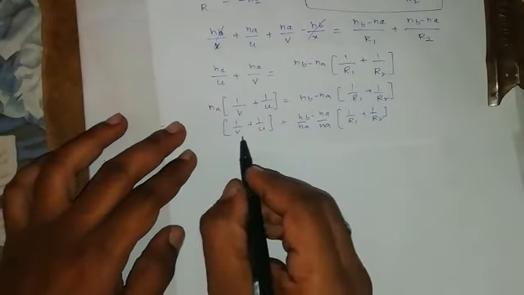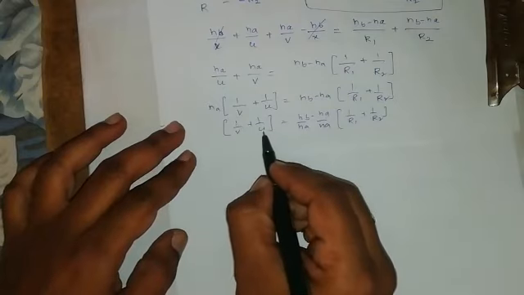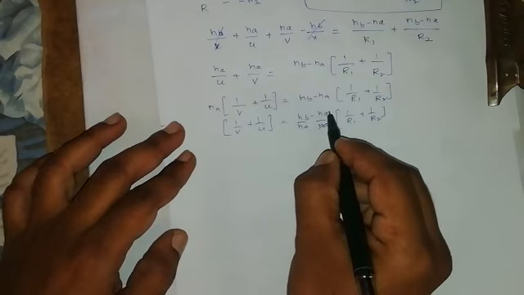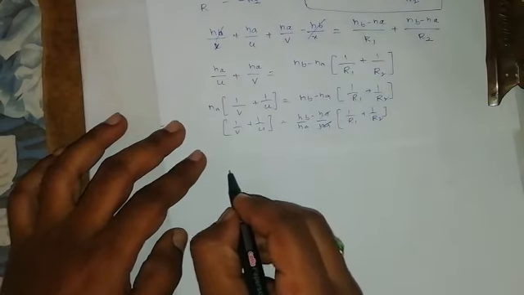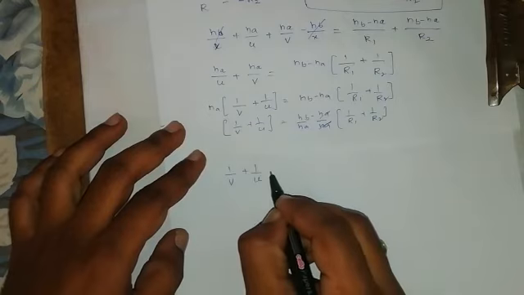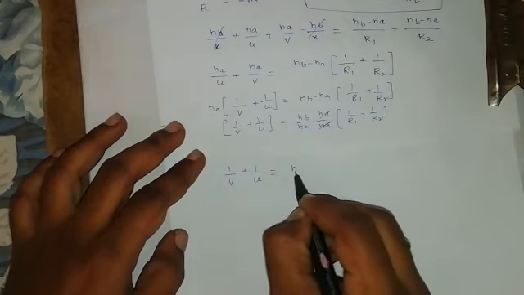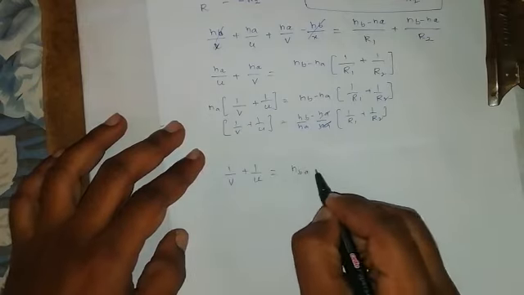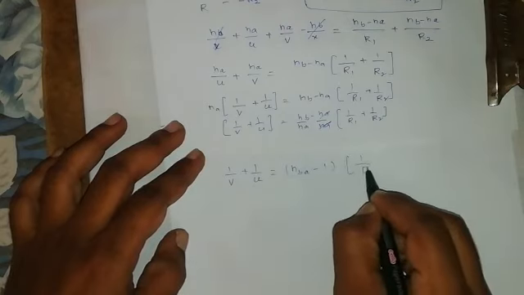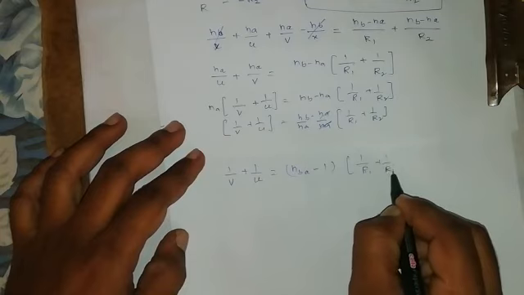Here nb by na is the relative refractive index, so it will be 1 by v plus 1 by u is equal to nba minus 1 into 1 by r1 plus 1 by r2.